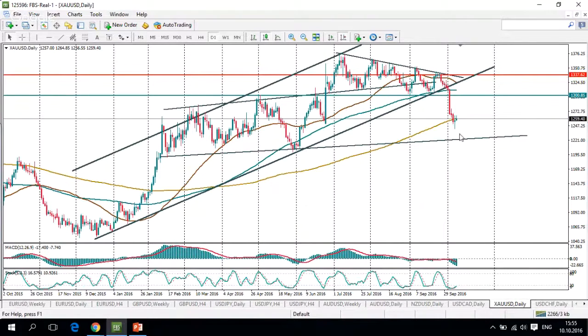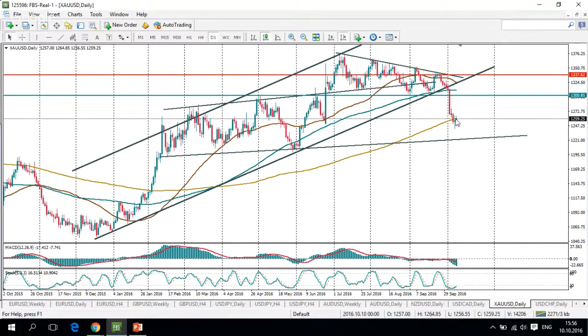On the one hand, the negative factor for gold is the expectations of the Federal Reserve's rate hike. On the other hand, concerns about Brexit remain, and this concern may give gold some potential for recovery.